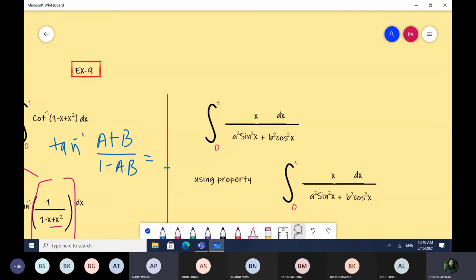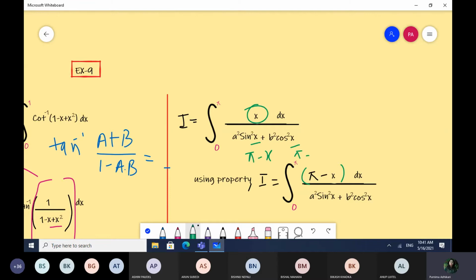Okay, so let us assume that this integral is equal to I. So your new I becomes, when you apply property, you will get pi minus x in numerator. Numerator मा pi minus x आयो x को ठाउँमा. And in denominator also, wherever there is x, you will replace it by pi minus x.